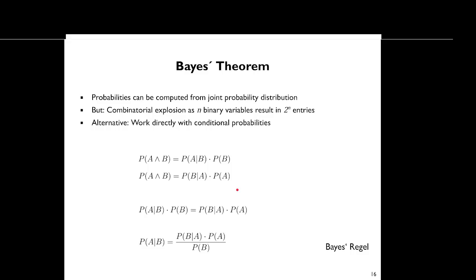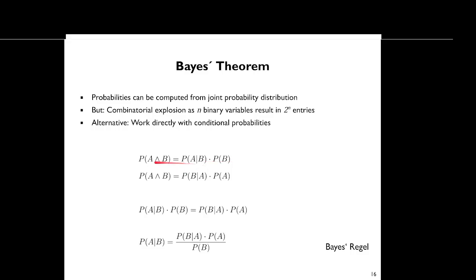So now let's play a little bit with the definition of a conditional probability. In the previous slide, we defined that the likelihood of A given B is equal to the likelihood of A and B divided by the likelihood of B. Now, if we multiply this equation by P(B), then we get this equation over here.